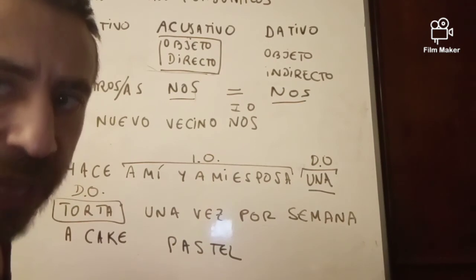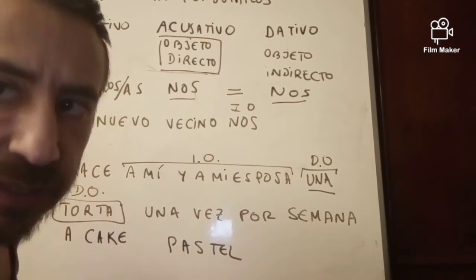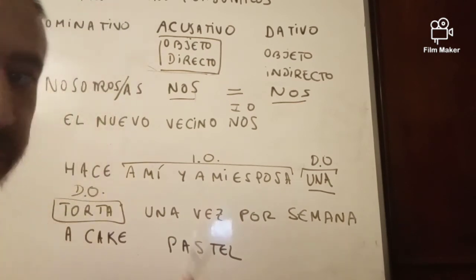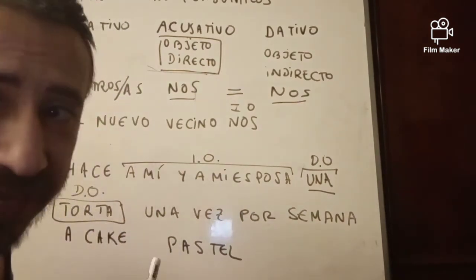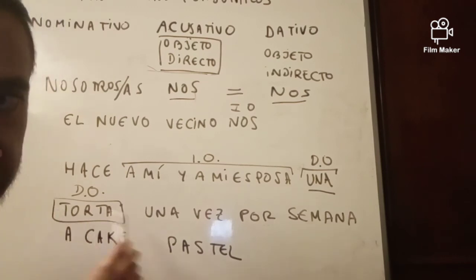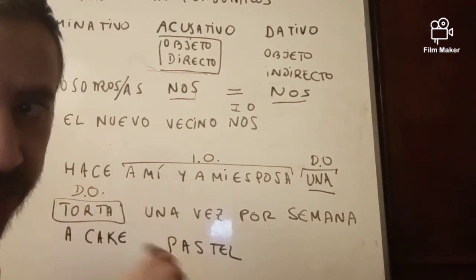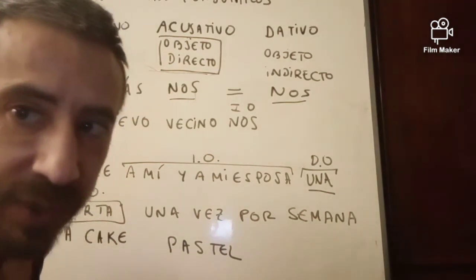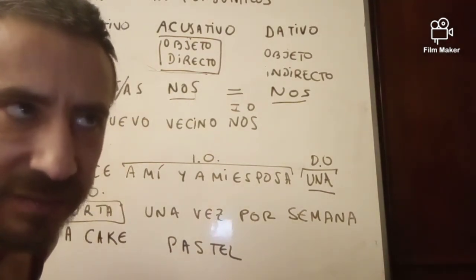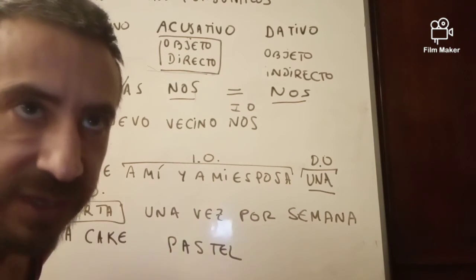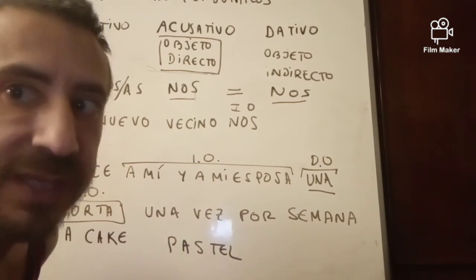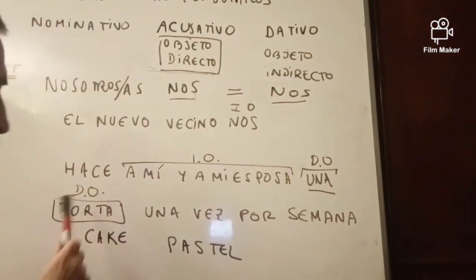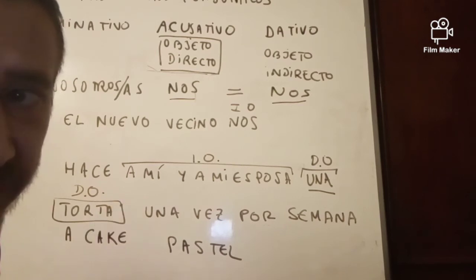But I wrote torta because if there are some people from Italy who are learning Spanish, in Italian, cake is torta, just the same as the Spanish version in Argentina. If you remember, we have an enormous, very, very strong Italian influence because of our ancestors. So we say it just like in Italian, torta.